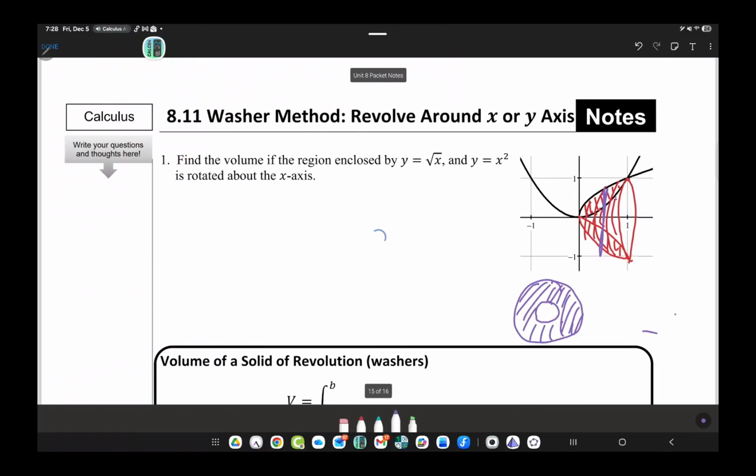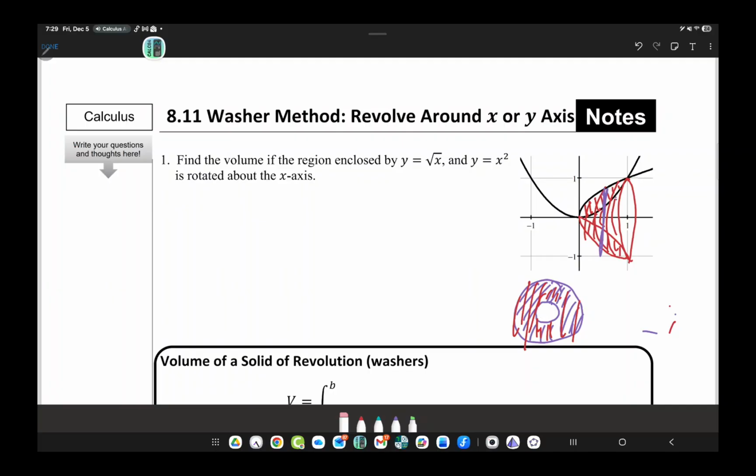It's really not too bad. It's very similar to what we talked about before. We now have an outer radius and an inner radius. We are going to find basically the volume or the area of this whole shape, and then subtract out the area of that middle part.